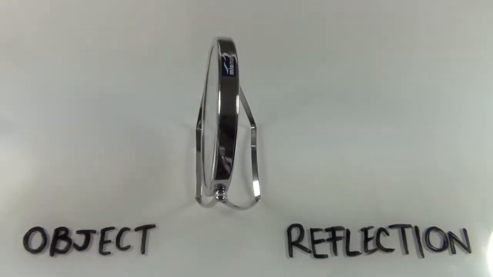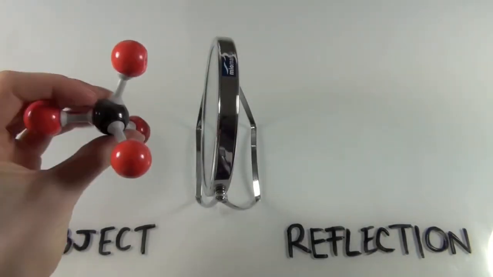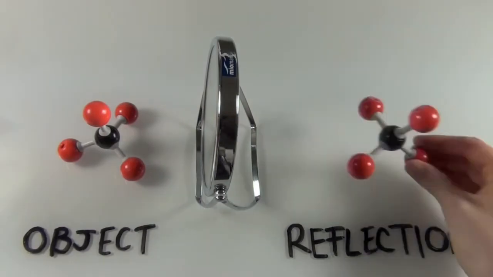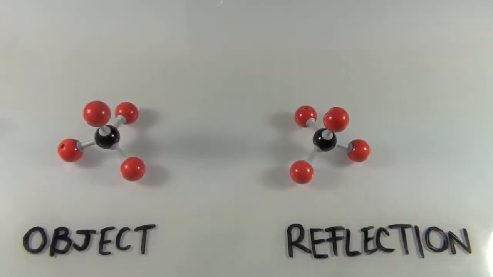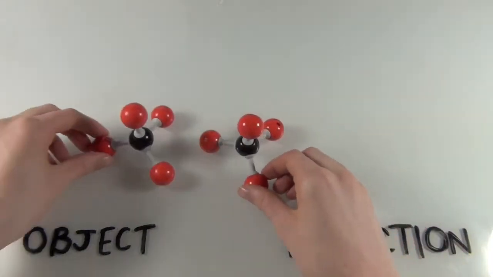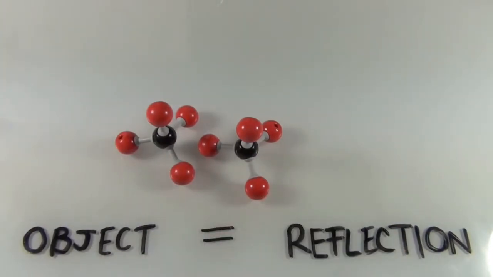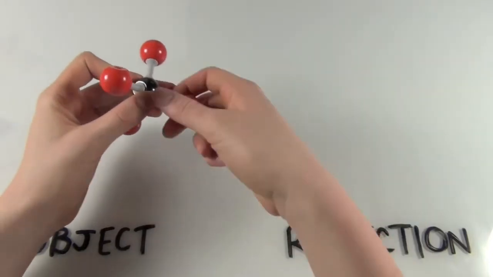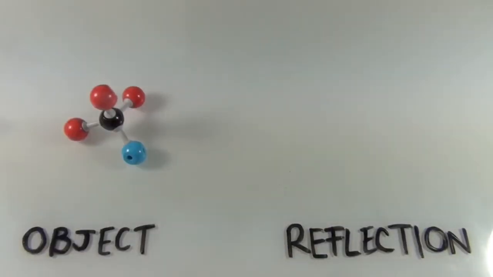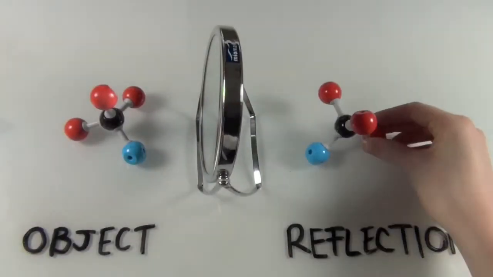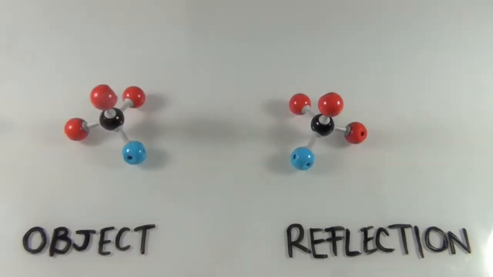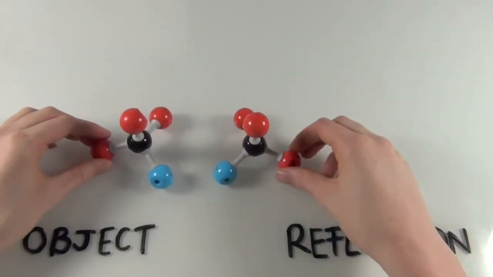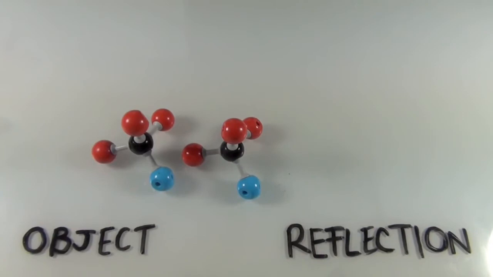Now moving on to some kind of hypothetical molecule. We have the object and its reflection. Again we can very easily see that the object is identical to its reflection. Now changing one of the balls to blue, we ask again, is the object identical to its reflection? And the answer is yes.